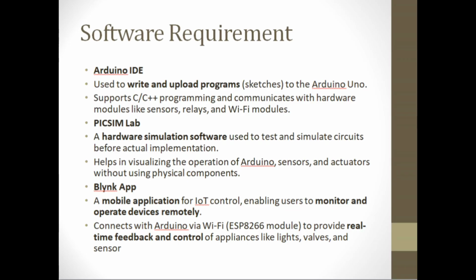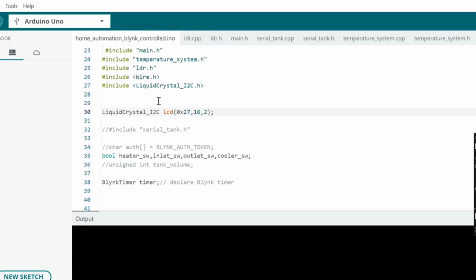I am going to code now. For coding purposes, I am going to use Arduino IDE. I already told about it in the slides. So I am opening the Arduino IDE. Wait a minute. This is the IDE where we run the program code, and here I choose the board, Arduino Uno.